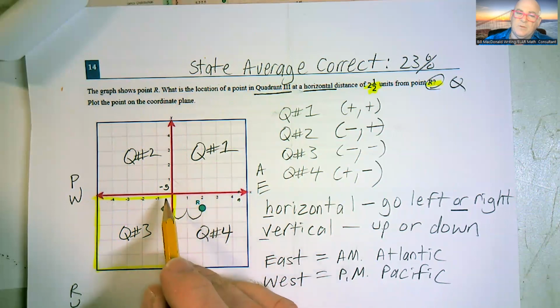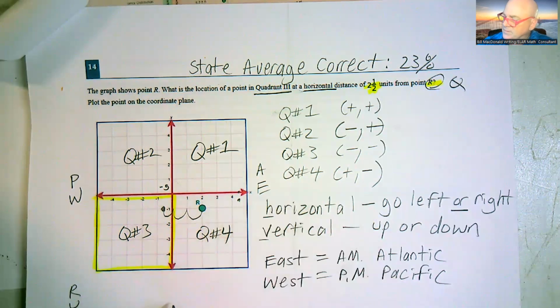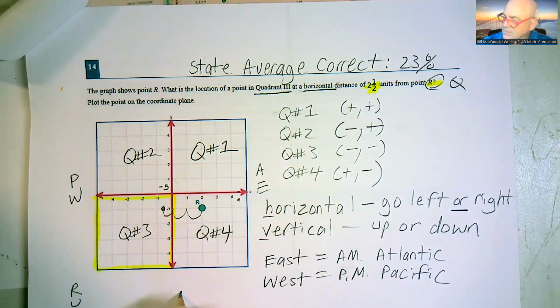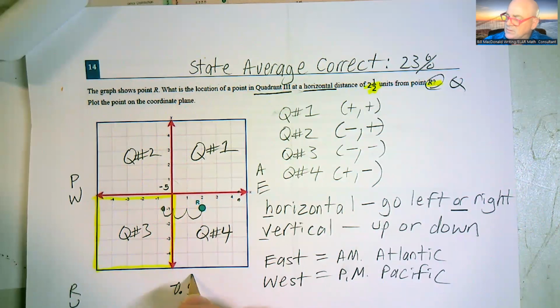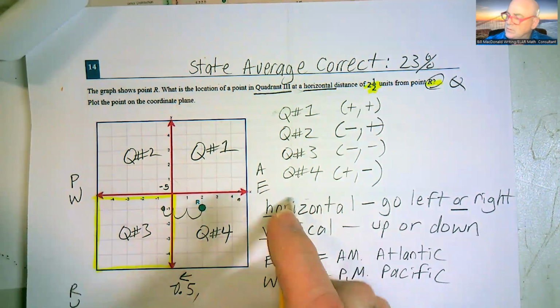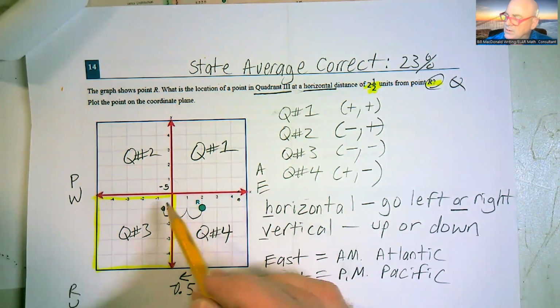I have to get to that point, so I got to go negative 0.5 for the x, negative 0.5, and that's going to be our left horizontal, and then we're going to go down 1.